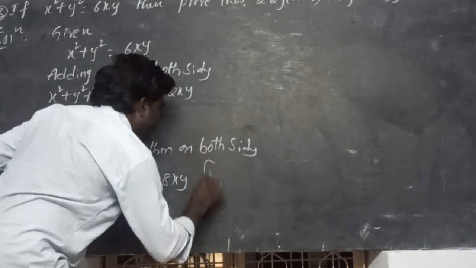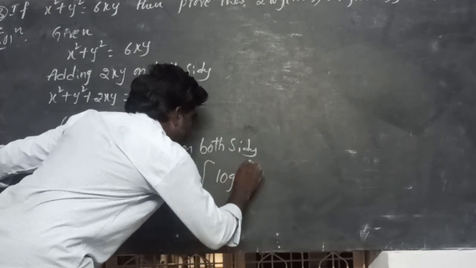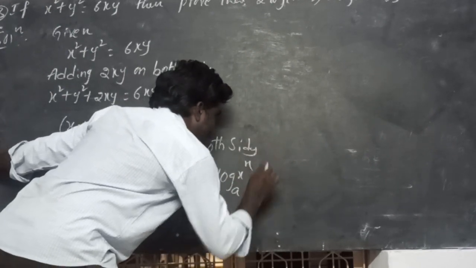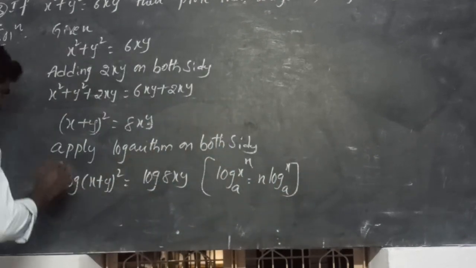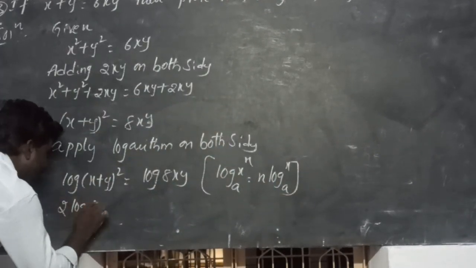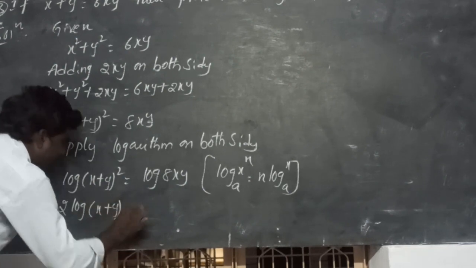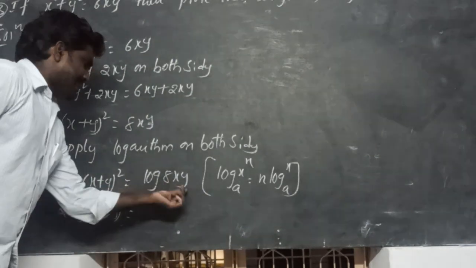Here we can use the formula log x power n base a is equal n log x base a. That is 2 log of x plus y. Okay, so log 8xy.